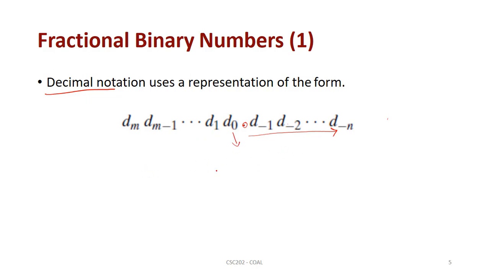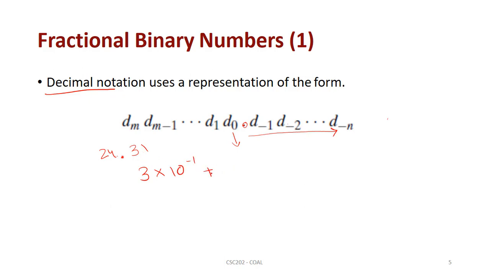Let's say that I have a number, for example, 24.31. Towards the right side of the point, we multiply 3 by 10 to the power minus 1.